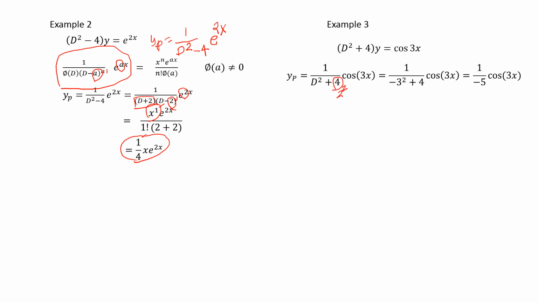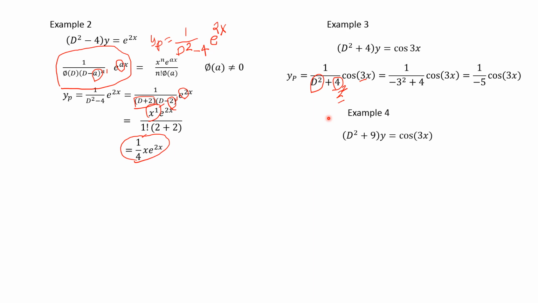So that means this 2 is different from this. All you have to do is substitute negative 3 squared for D squared. So this is 1 over negative 3 squared plus 4 cosine 3x. And that gives you 1 over negative 9 plus 4, 1 over negative 5 cosine 3x.